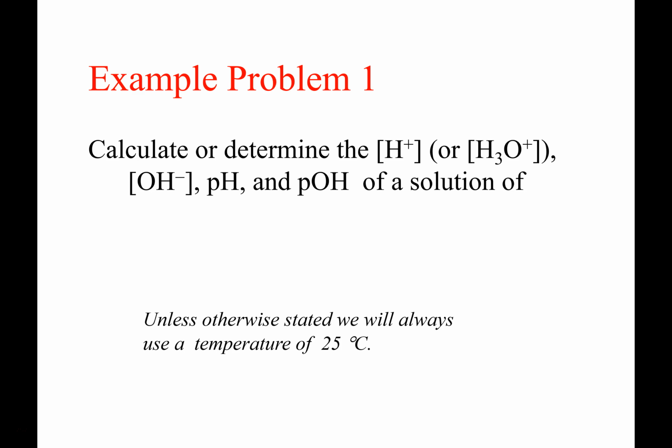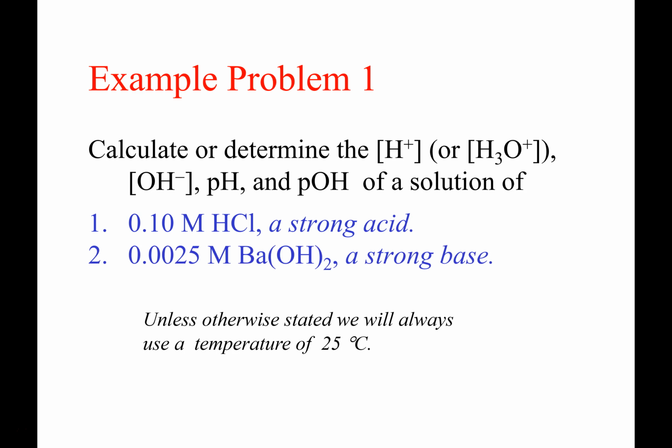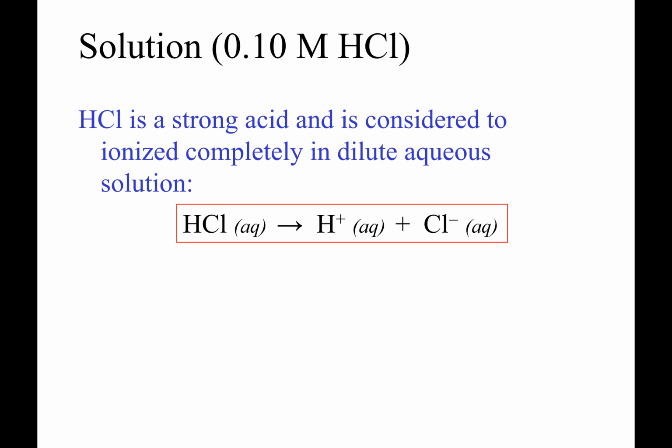So we're going to do 2 problems. First one is a strong acid. Now, the strong in strong acid means that it ionizes or breaks apart entirely. And then we're going to change it up and go to a strong base and knock out those 4 quantities for both of those.